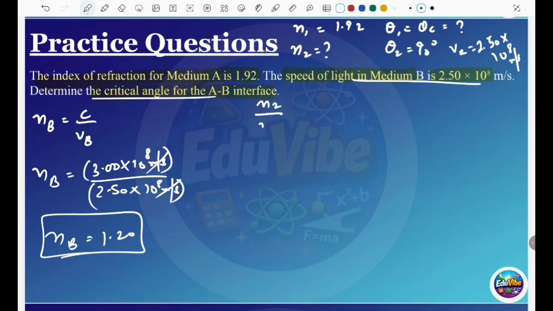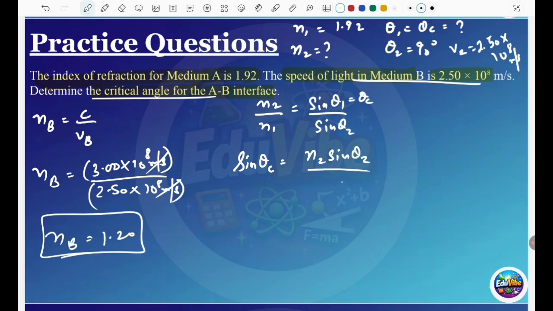Now, you use Snell's law, N2 upon N1 is equal to sine theta 1 upon sine theta 2. Theta 1 is equal to theta C. You can isolate this and you get N2 upon N1, so sine theta C, or you can isolate it as sine inverse.